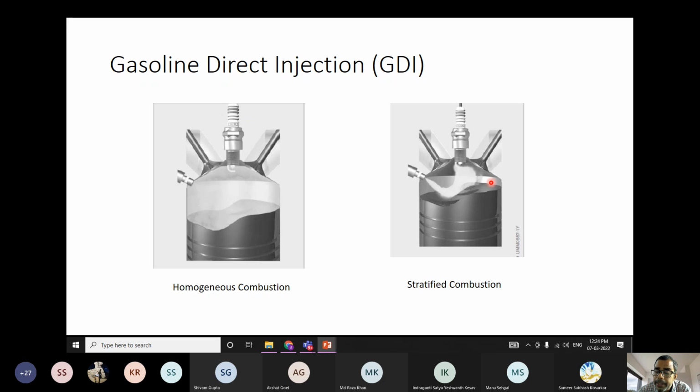So in stratified combustion mode, the combustion chamber shape, the air motion inside the combustion chamber, and the orientation of the injector are such that the air fuel mixture is closer to stoichiometric near the spark plug, and the rest of the combustion chamber is a very lean mixture, or there is no fuel, and that's why it is called stratified.